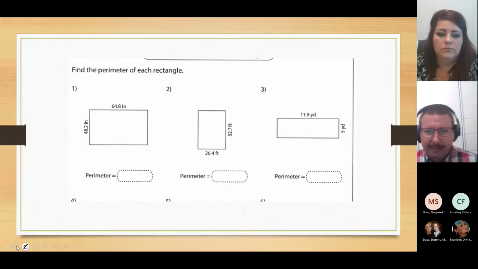I have 3 examples in front of you to find the perimeter of those 3 rectangles. I'd like someone to go ahead and do those 3 perimeters for me.